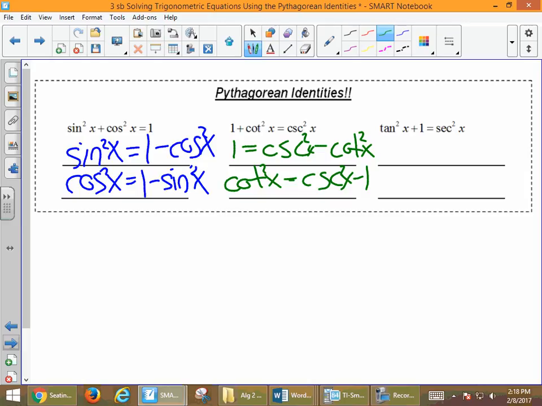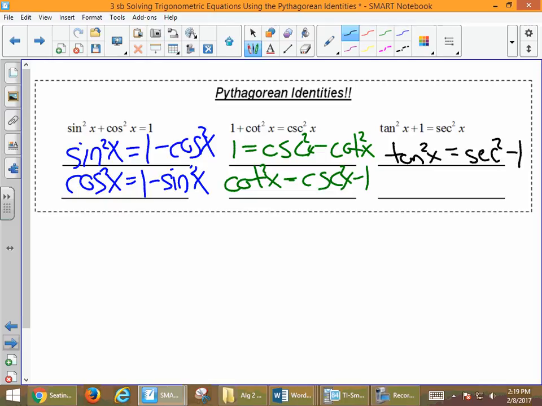And if we were to solve just for tangent squared in tangent squared plus 1 equals secant squared, what is our trig identity going to be? If we were to solve just for tangent squared, we would have tangent squared x. What is that going to equal? Secant squared minus 1. Good job.